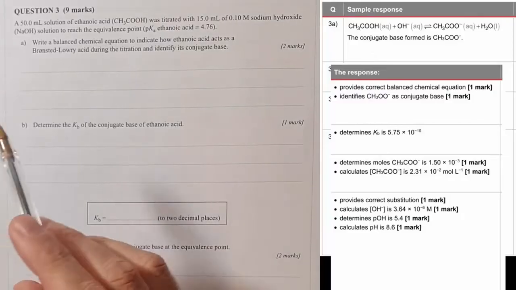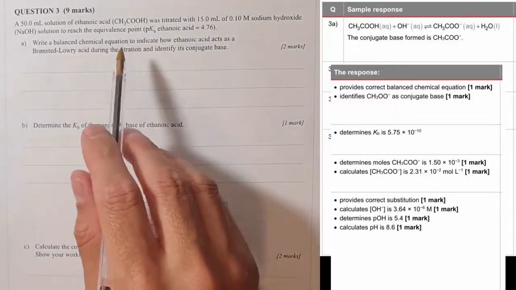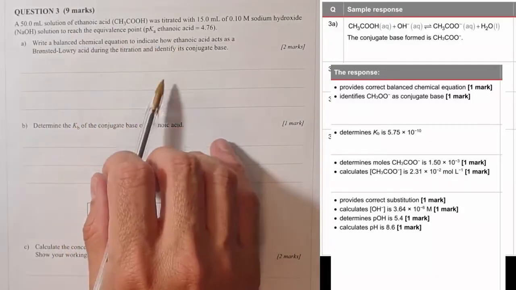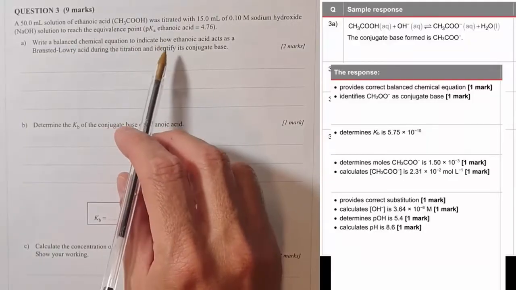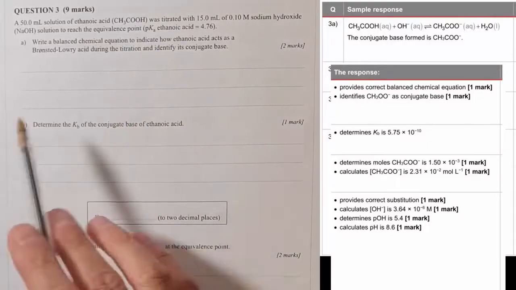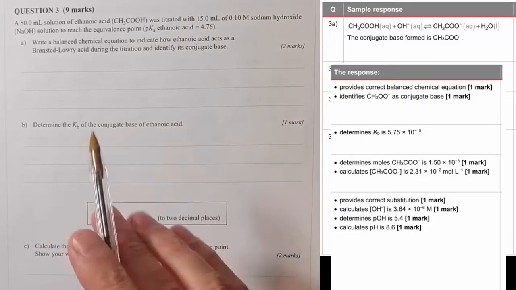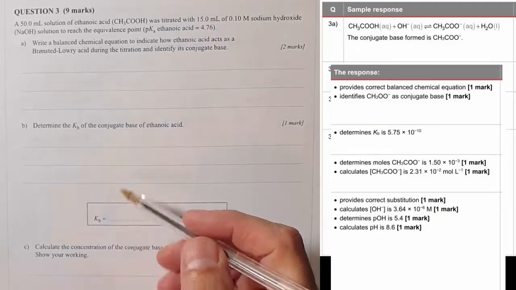So this one here, as you go through it, they're really trying to trick you. The difficulty in a lot of these questions is working out exactly the chemical equation, exactly what's going on. They do scaffold it for you. It'd be fascinating to know what would happen if there was no scaffolding, whether there'd be a single student that could get this one. But this one is a rather difficult one. So let's just get into it.